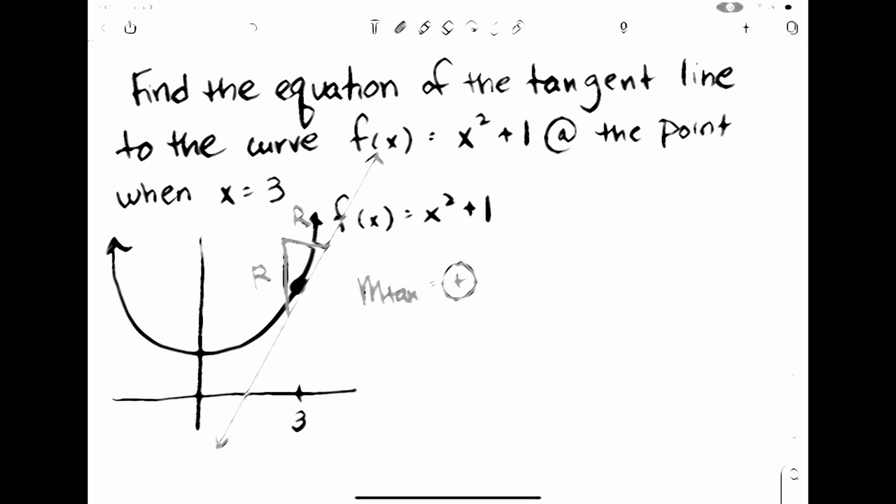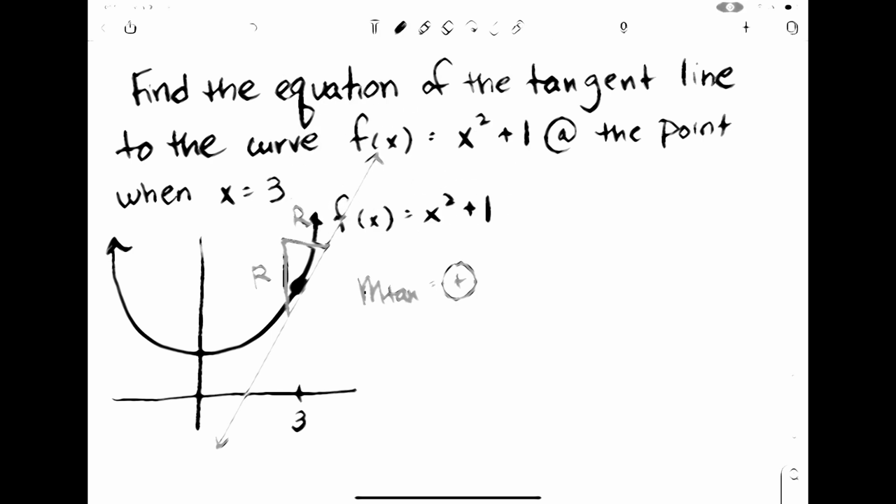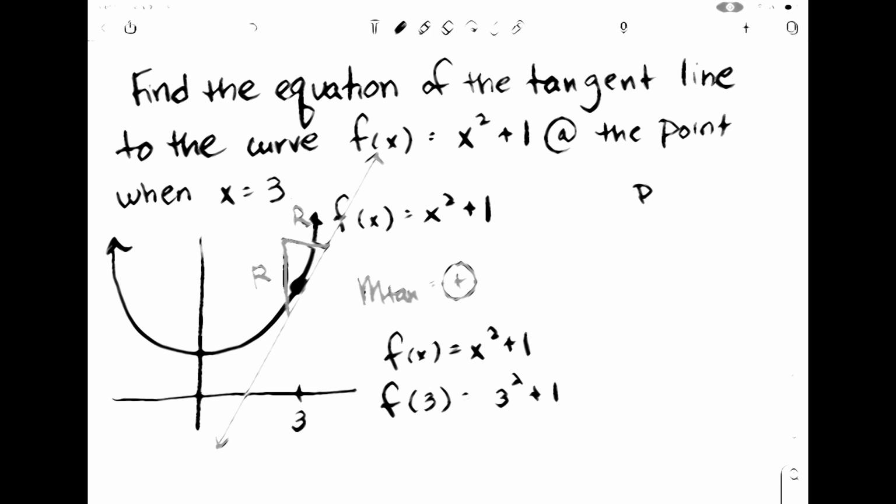We're going to do this via first principles, or using the difference quotient. If f of x equals x squared plus 1, then f of 3 equals 3 squared plus 1. We have to follow parentheses, exponents, multiplication, division, addition, subtraction with all problems like this. So 3 squared is 9, plus 1 is 10. f of 3 equals 10.